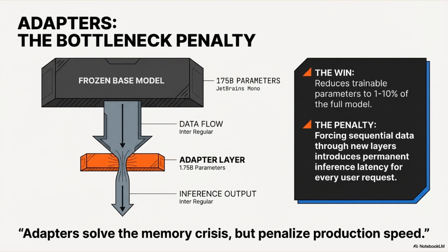The summary at the bottom is the key design lesson. Adapters solve the memory crisis, but penalize production speed. Adapters were a significant step forward, but the enterprise world needed a solution that captured the memory savings without paying the inference latency tax. That solution is what we cover next.